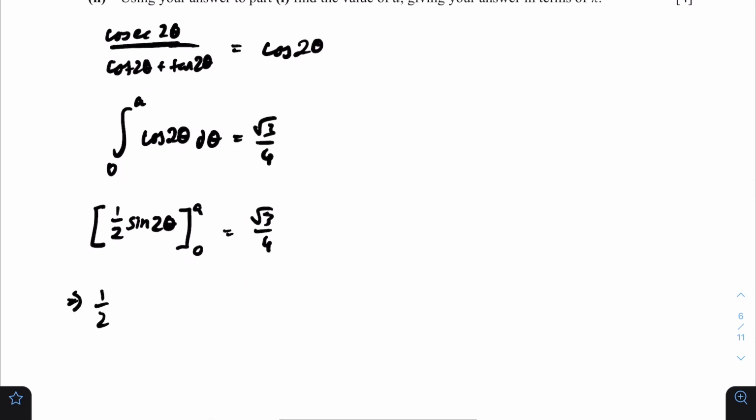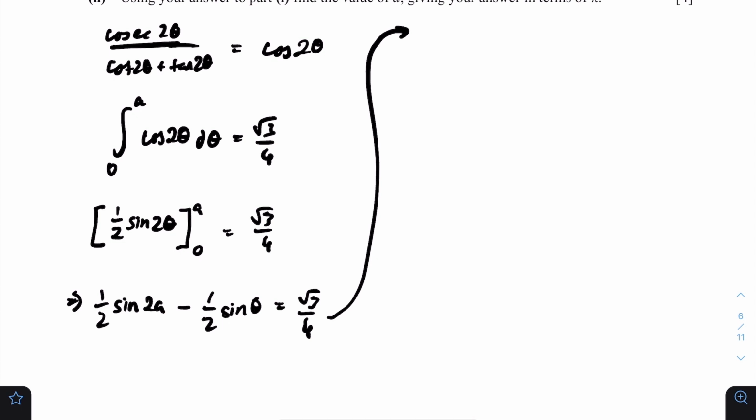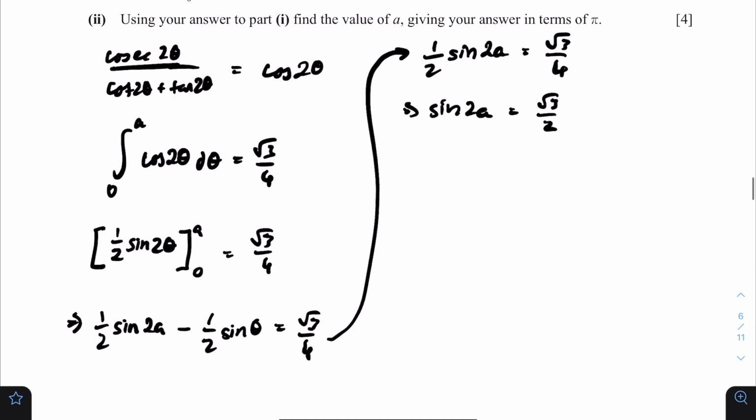So we get half sine 2a minus half sine 0 is equal to root 3 over 4. Since half sine 0 is equal to 0, we can just say half sine 2a is equal to root 3 over 4. Multiply by 2, we get sine 2a is equal to root 3 over 2. Here we can say that 2a is equal to the inverse sine of root 3 over 2.